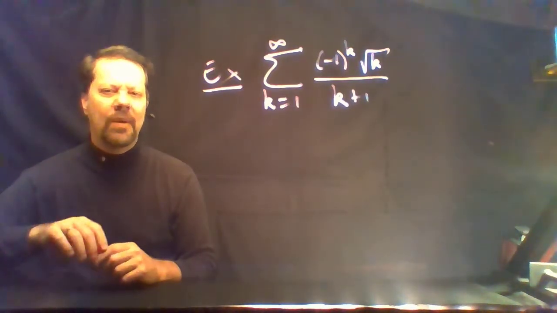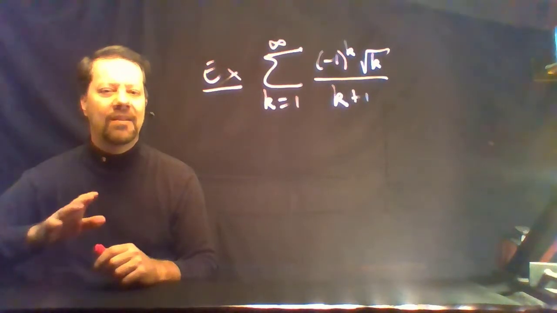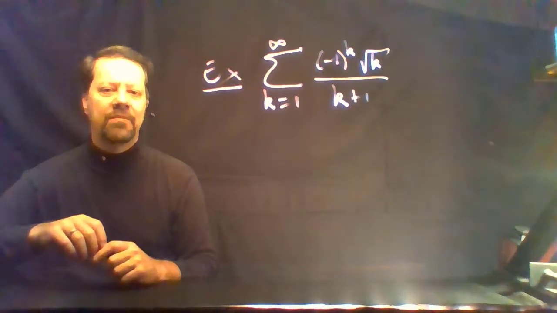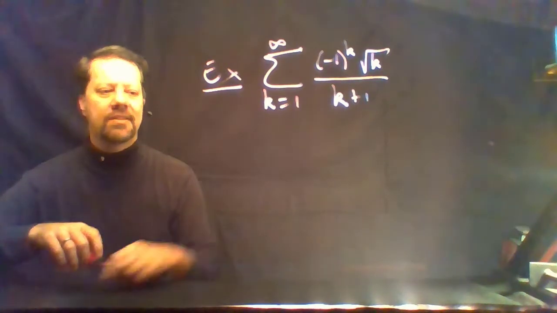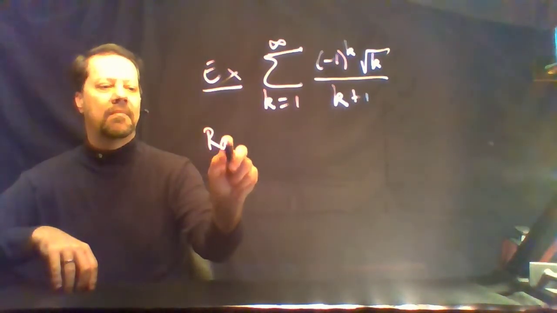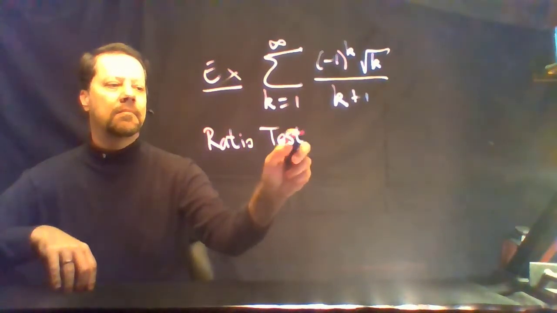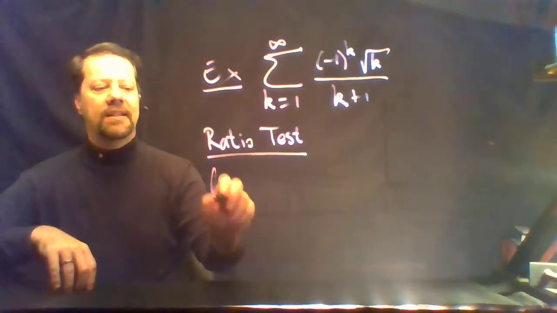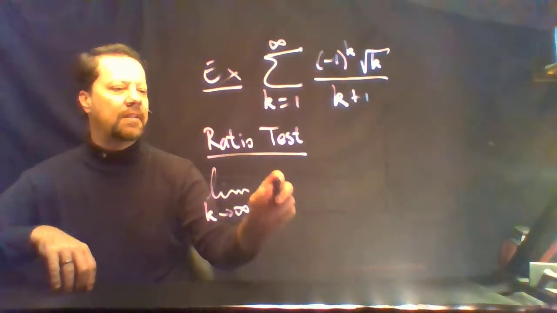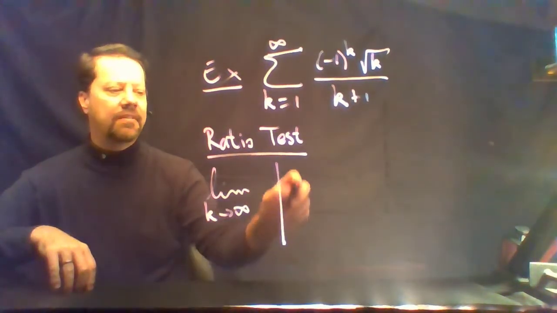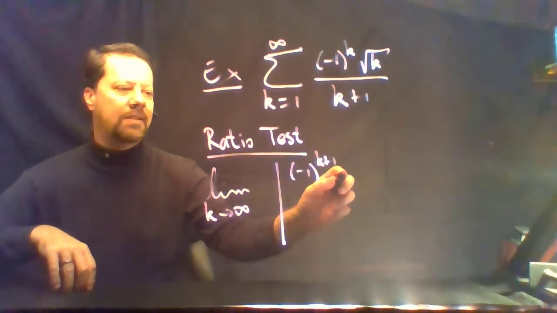However, what is the conclusion of the ratio test on this series? We know that this will converge by the alternating series test. Does it converge by the ratio test? We'll take the limit as k goes to infinity, and you do absolute values, which means we don't really need these negative ones.